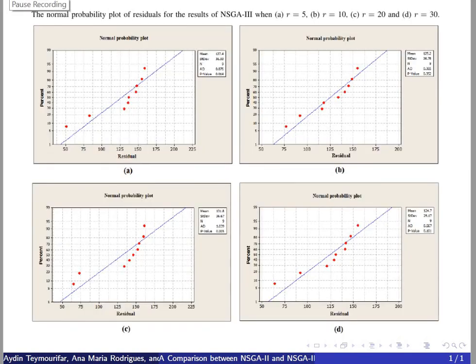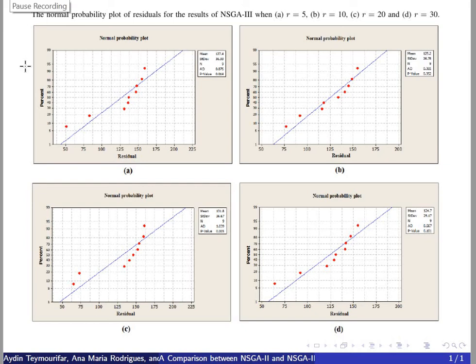The normal probability plots of residuals for the results of NSGA-III with different values of R are shown in these figures. As seen in figures B and D, the related p-values for the states when R is equal to 10 and also equal to 30 are more than 5%, so the normality of data cannot be rejected.